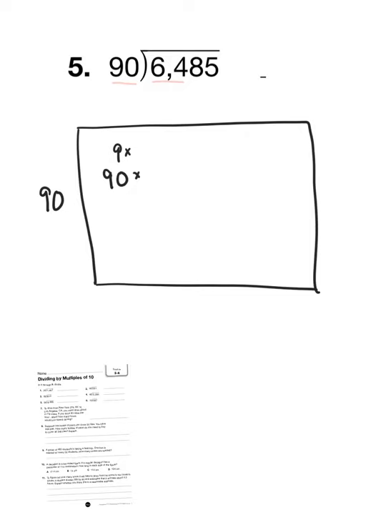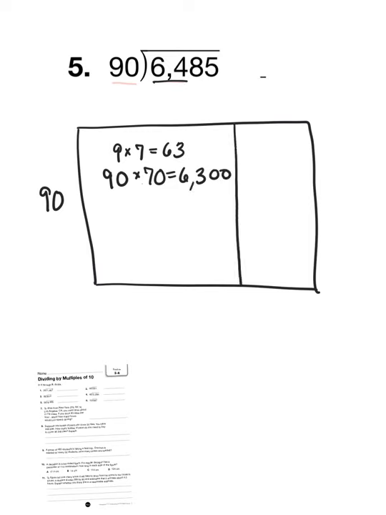I know that 9 times 7 equals 63, which is awfully close to 64. So that means that 90 times 70 must be 6,300.